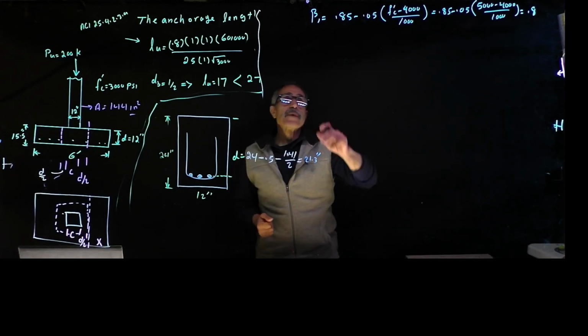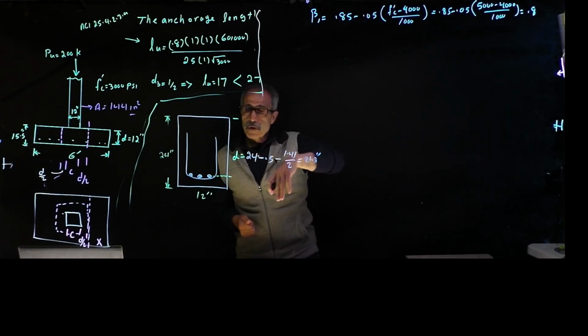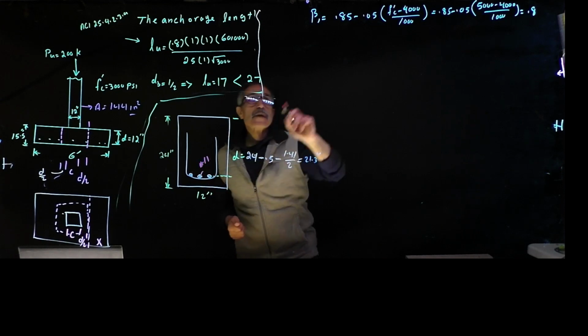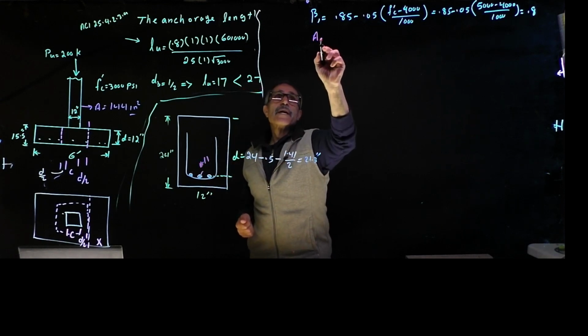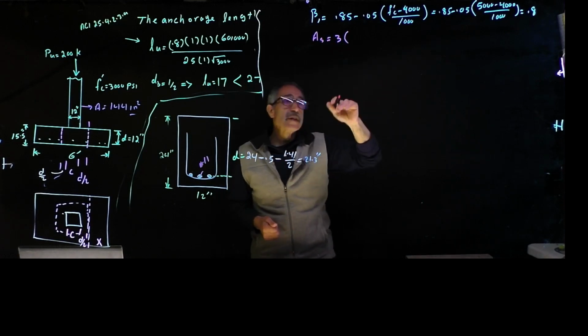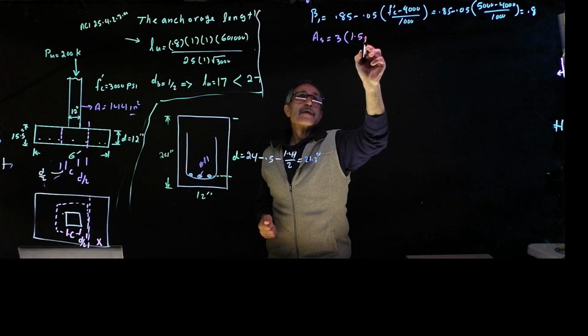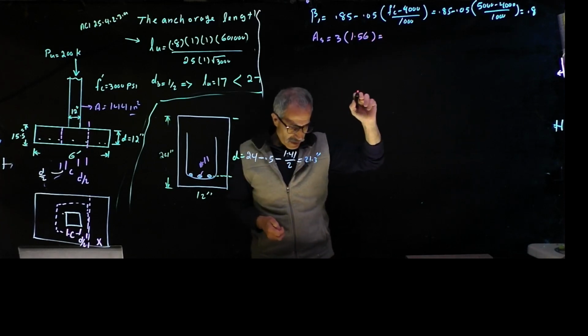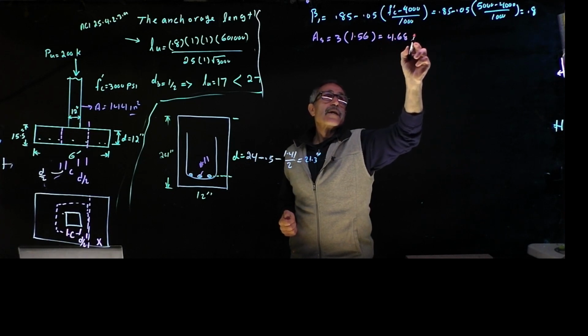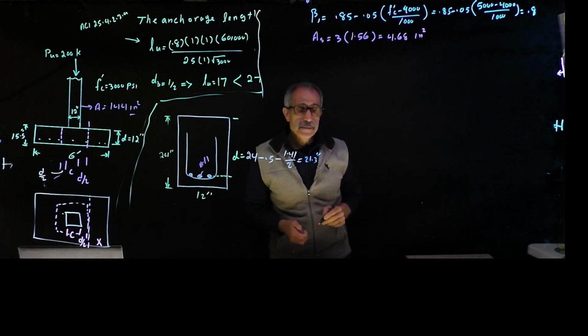That's from the table given to you in the handbook. I want to know the area of these number 11 bars. There are 3 of them, so As equals 3 times the area of each one, which is 1.56, and that gives you 4.68 square inches.